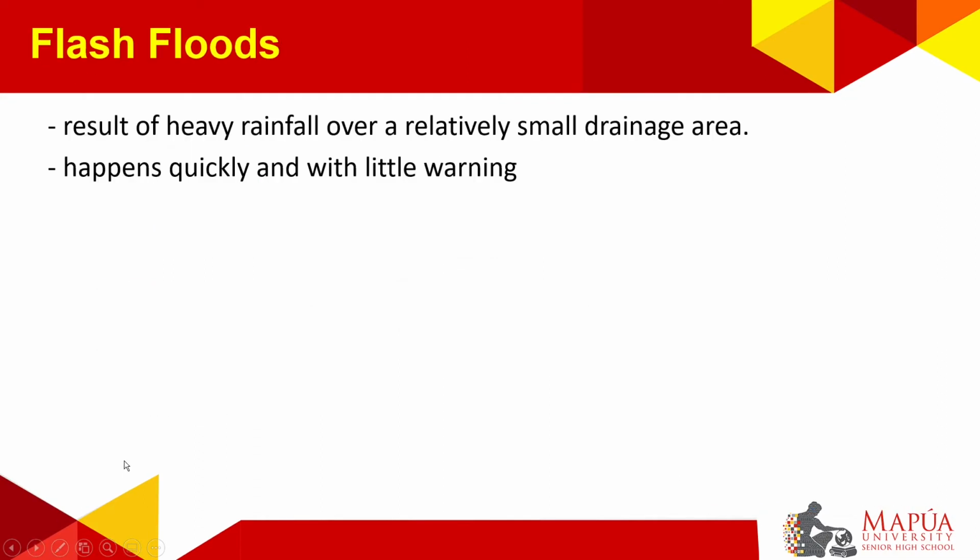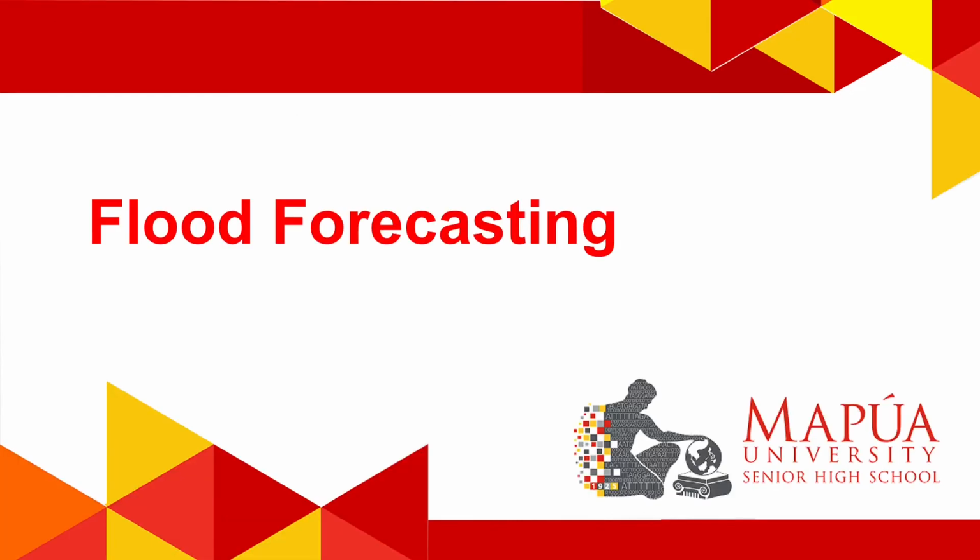Then we have the term flash flood. Now, when it comes to a flash flood, this is a result of heavy rainfall over a relatively small drainage area. It happens quickly, with little warning. In areas where there is heavy rainfall and there is little drainage system or small drainage area, there we will have what we call a flash flood.